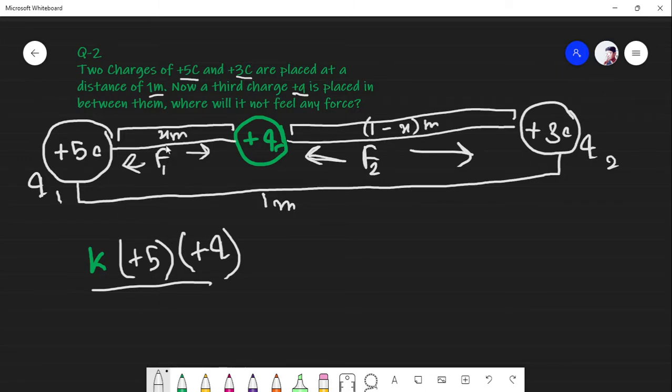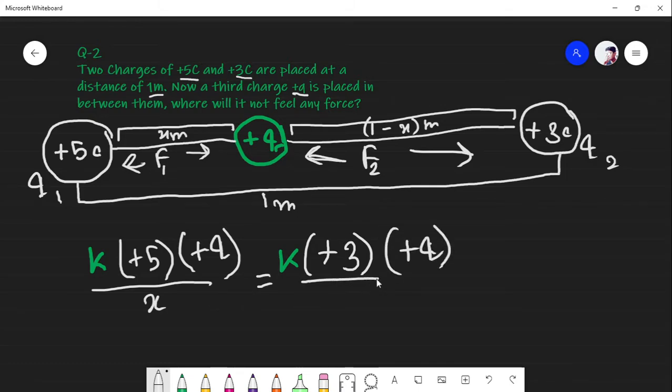So here the distance is X, and since F1 should be equal to F2, then it will be equal to K times the first charge, +3 coulombs, and the second charge plus Q divided by the distance 1 minus X, so 1 minus X whole squared. Oh, there is a squared.